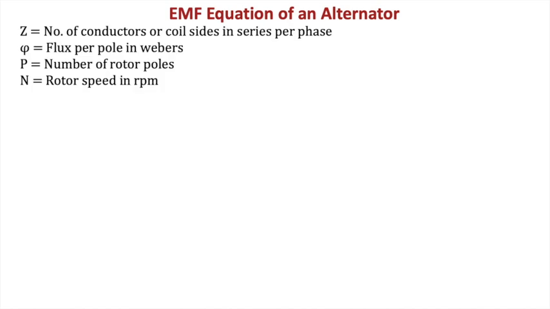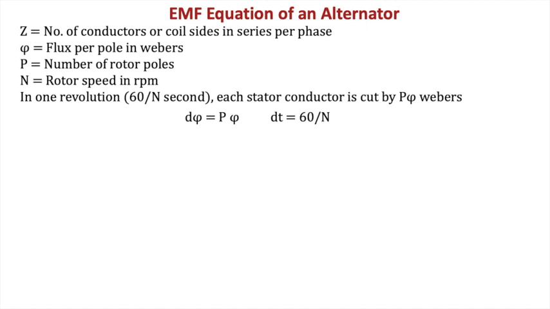So now the actual derivation of the EMF equation, that is, the EMF produced by an alternator. We consider Z as the total number of conductors per coil side in series per phase, phi is the flux per pole, P is the total number of rotor poles, and N is the rotor speed in RPM. So for one revolution, 60/N will be the time taken to complete one revolution.